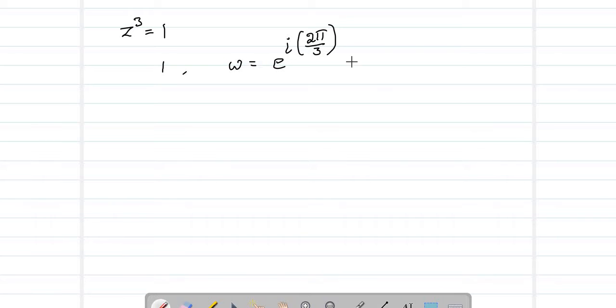Why? Because n equal to 3. Next omega square, that is e power i into 2 times 2 pi by 3, that is 4 pi by 3.